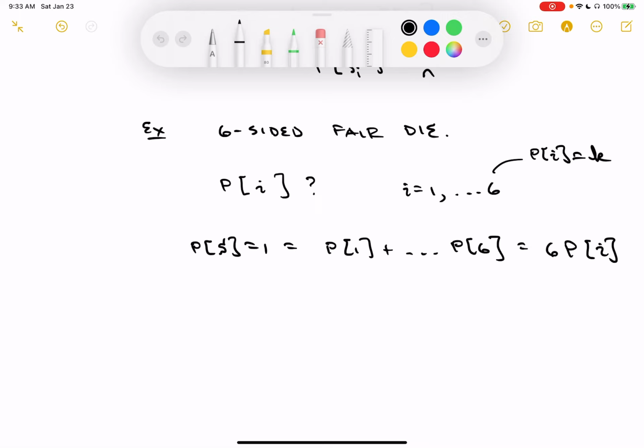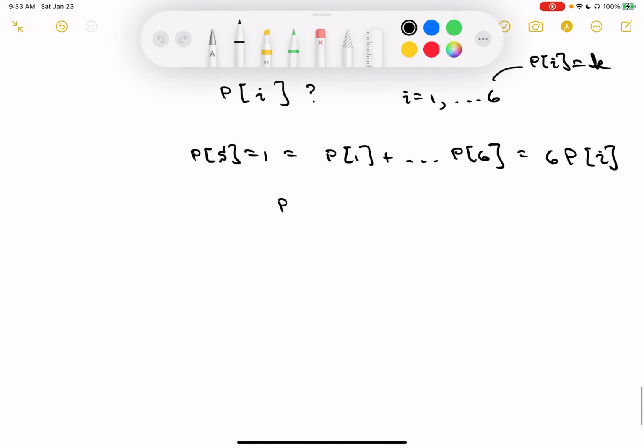It's a fair 6-sided die. What we get out of that is the probability of i is equal to 1/6, as we'd expect. You roll a 6-sided die, you have a 1/6 chance of getting a 1, a 1/6 chance of getting a 2, as long as it's fair.